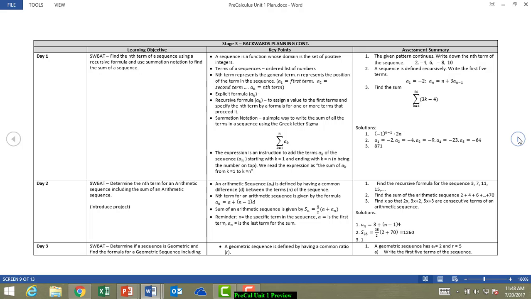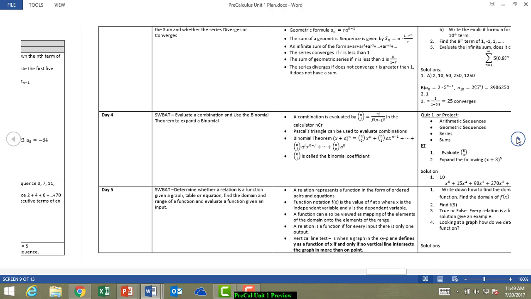I have given you an annotated model lesson for day 2, and that goes through finding the arithmetic sequence and sum of that type. They need to be able to look at the formula, write the equation from the formula, find the sum using the formula, and you can see that they're looking at recursive formulas and also being able to use it in a more abstract method itself.